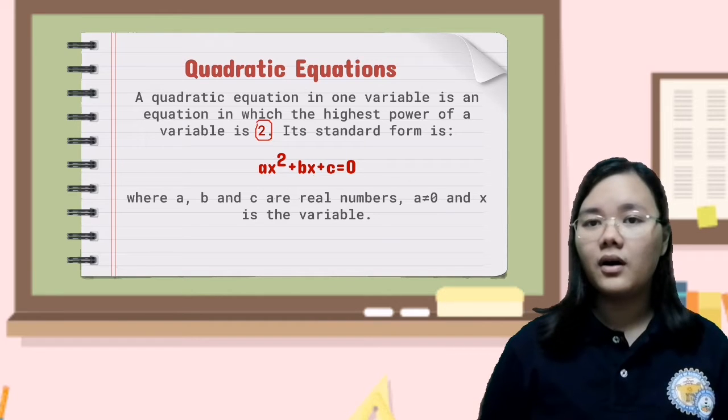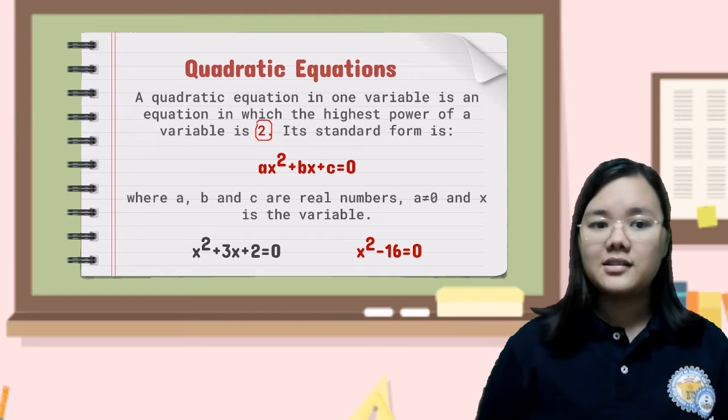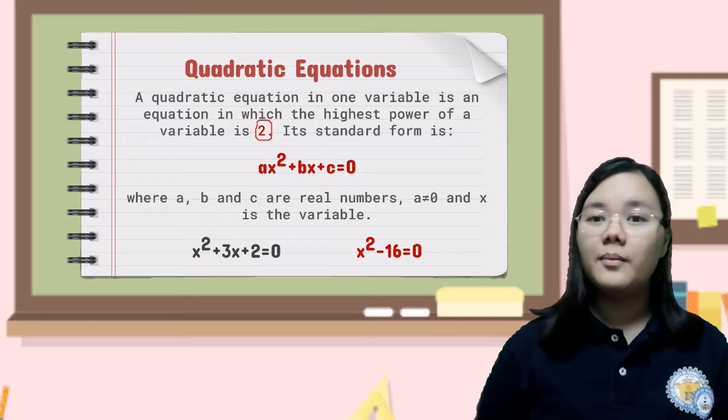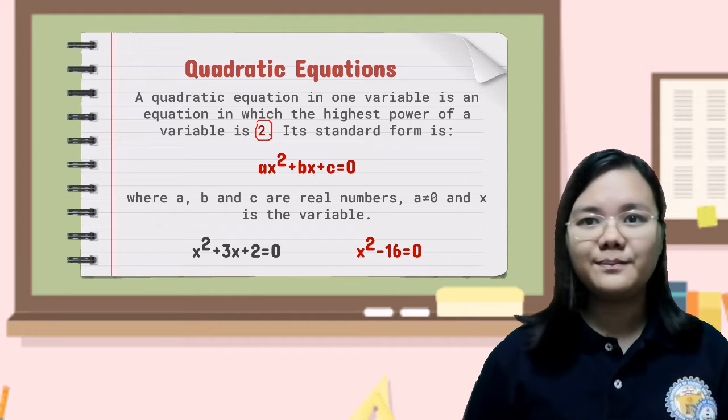Here are some examples: x squared plus 3x plus 2 equals 0 and x squared minus 16 equals 0.